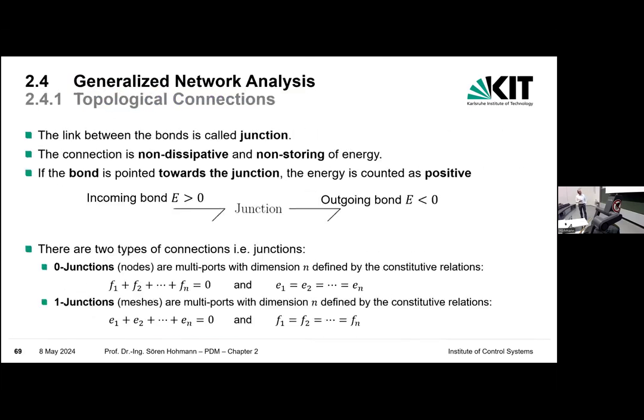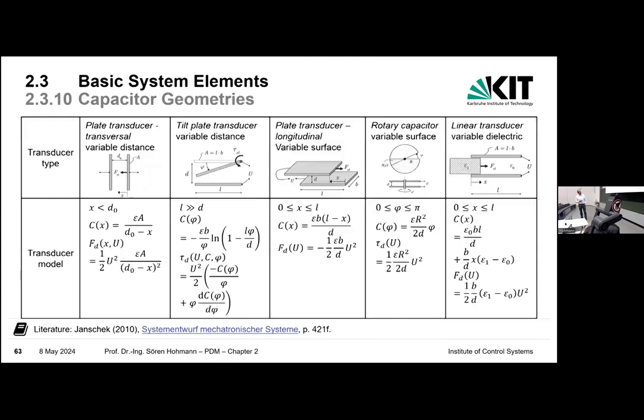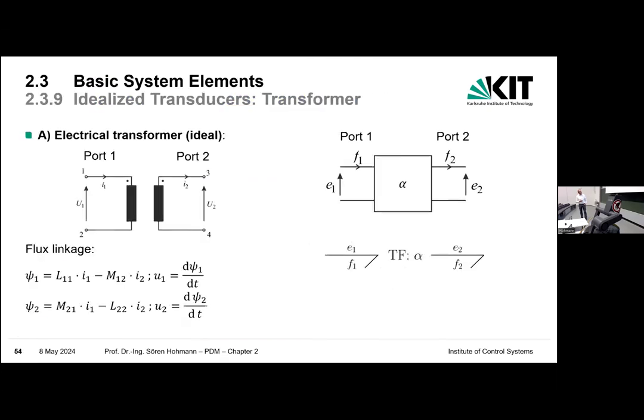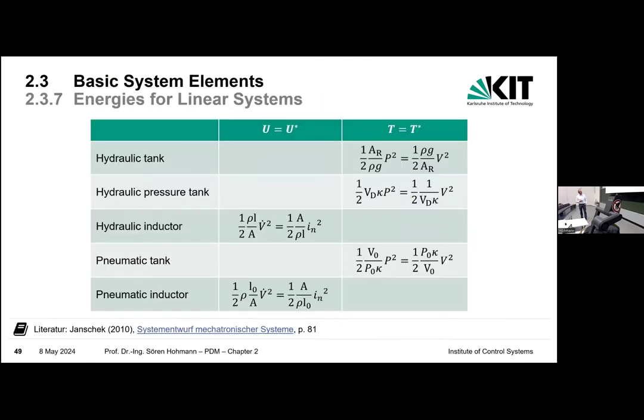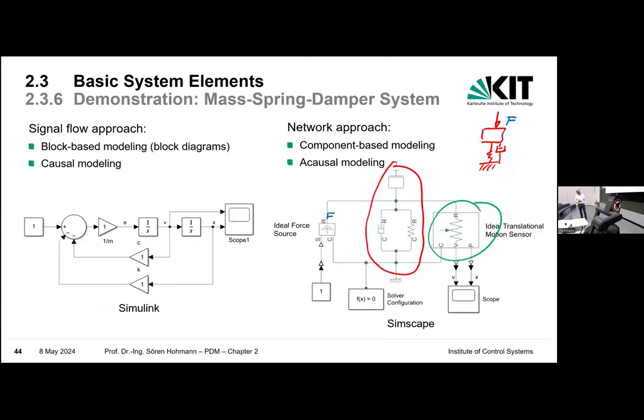I go back to the pictogram, which is here, hopefully. Here, if we look at this network, it's just a linear network. You solve it as a differential algebraic equation.